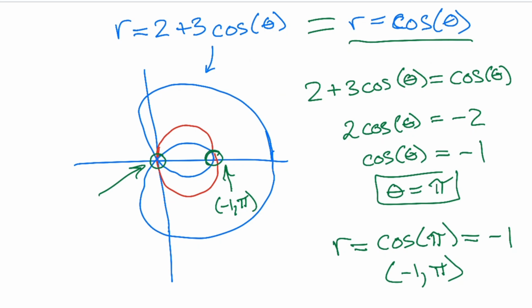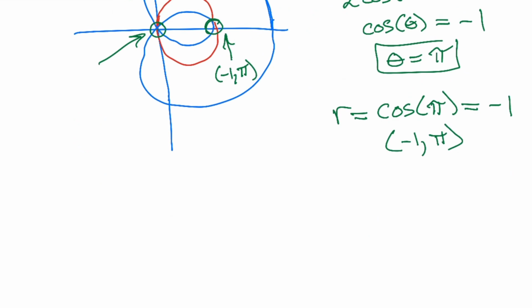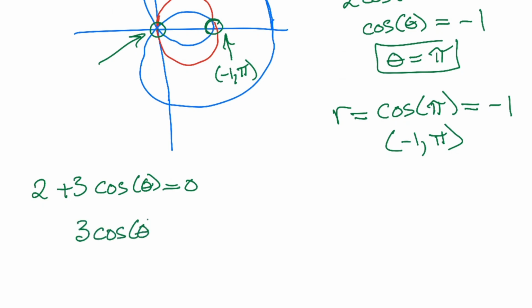To figure out exactly when that happens, what we're going to need to do is figure out when each of these equals 0. So if there are points at the origin like that, we're just going to have to do it this way. 2 plus 3 cosine of theta is equal to 0. 3 cosine of theta equals negative 2, which means cosine is negative 2/3.